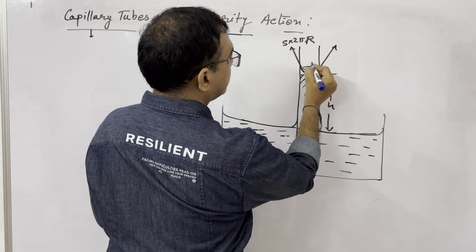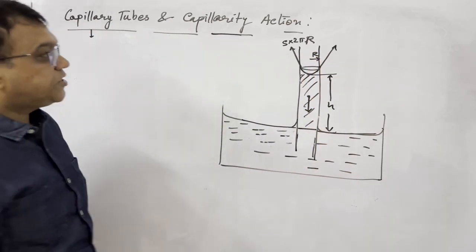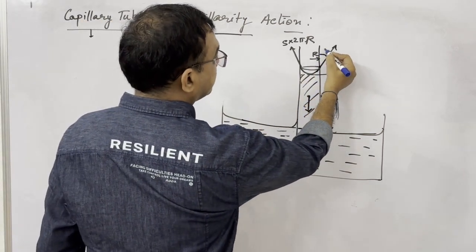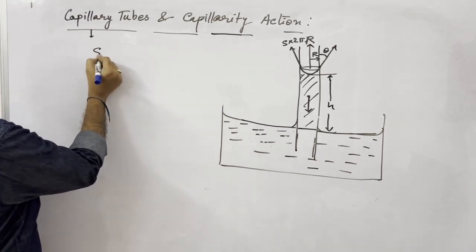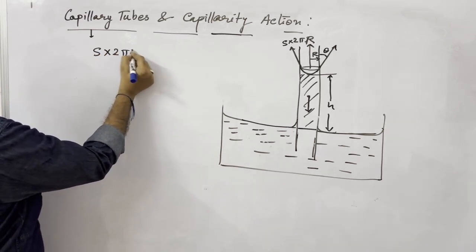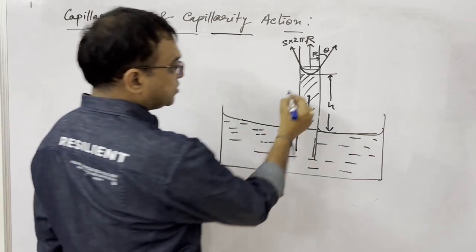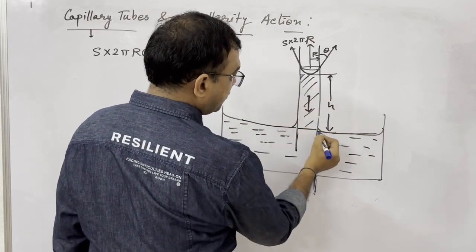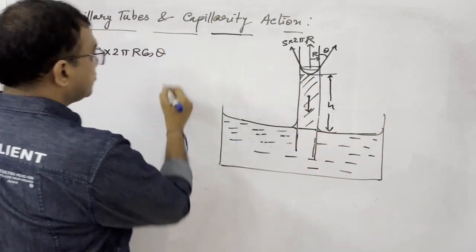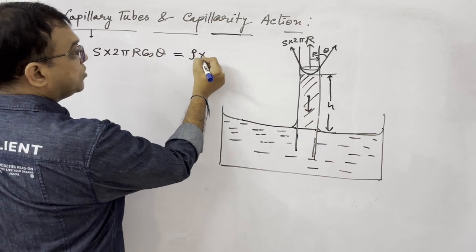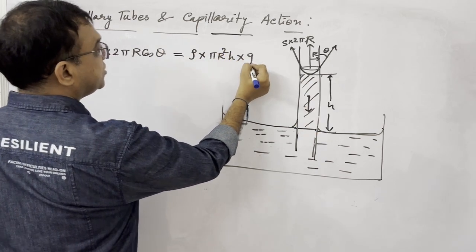This is r. This is r. And contact angle is theta. Then this component of the force comes S into 2 pi r cos theta. And this is balanced by the weight of this liquid. Now weight of this liquid is rho into pi r square h into g.